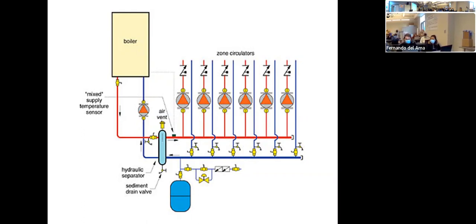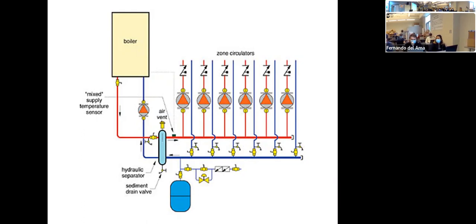Return. And now that goes to the boiler. Okay, so we collect as many circuits as we have here. If there are 4 supply circuits, then I will have 4 return circuits, and then I will get all these pipes to the boiler.